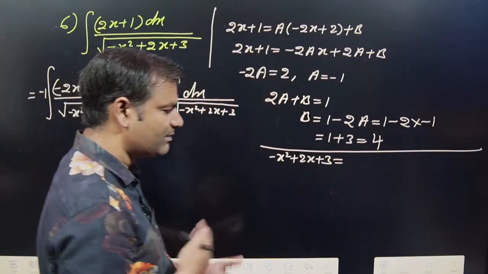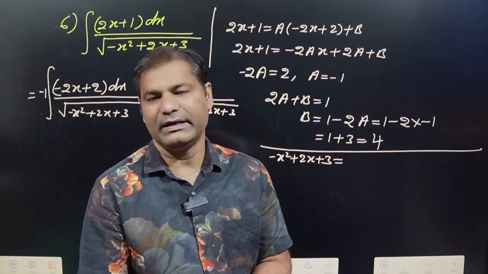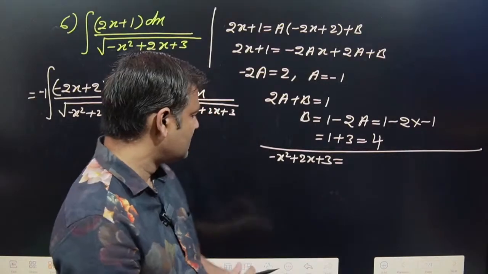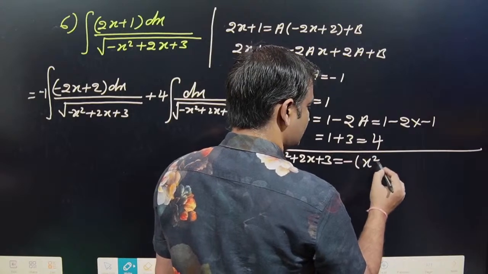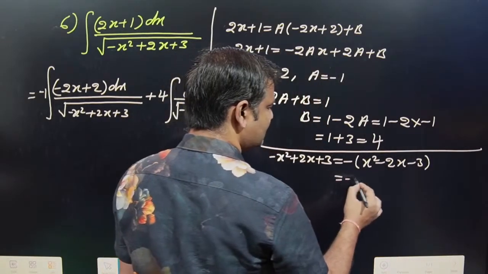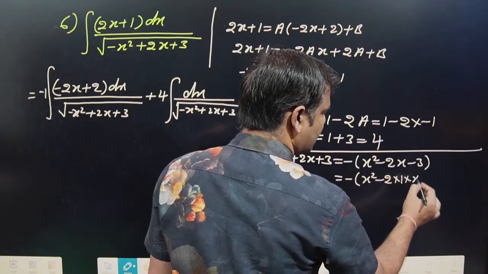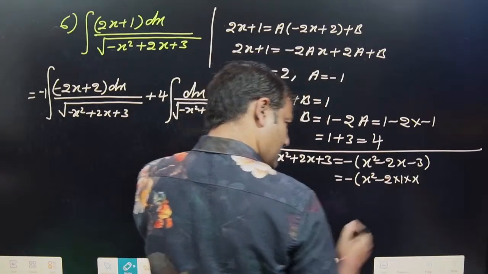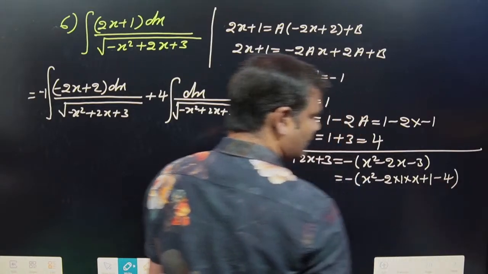Always before making a perfect square, first of all the x square coefficient should be positive and 1, but here it is negative, so take minus common, so x square minus 2x minus 3. After that make a perfect square, this is 2 into 1 into x, means 1 adding and 1 subtracting, then written minus 4.